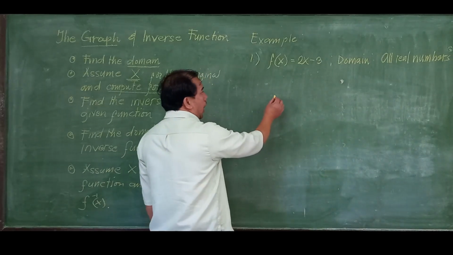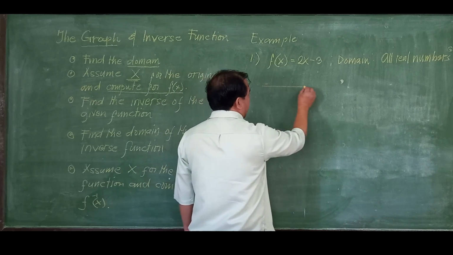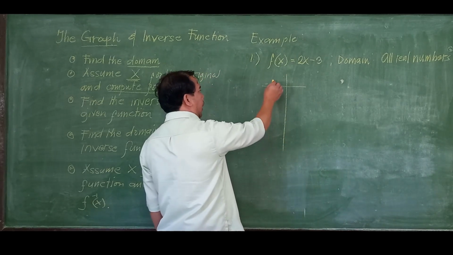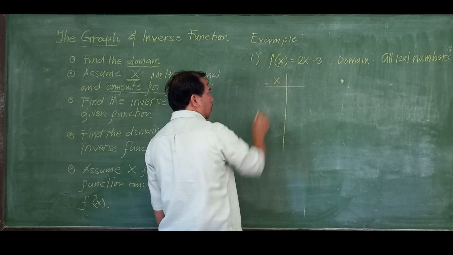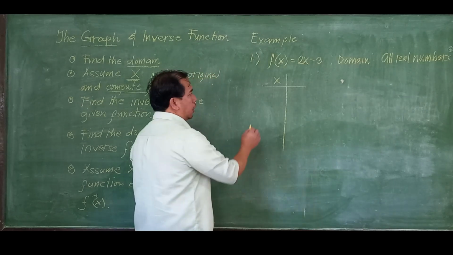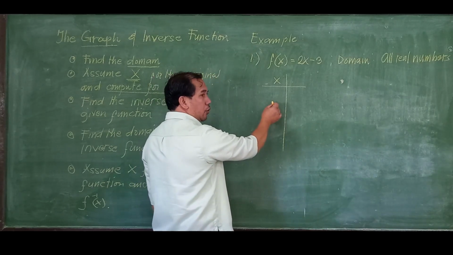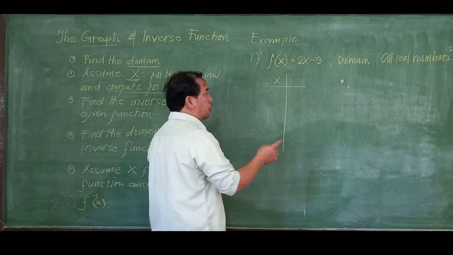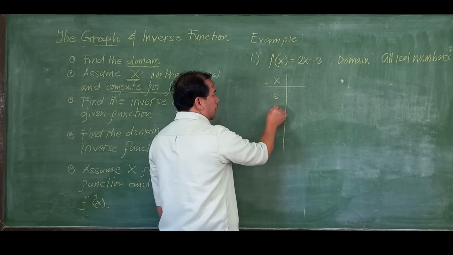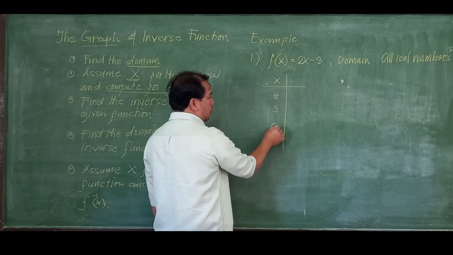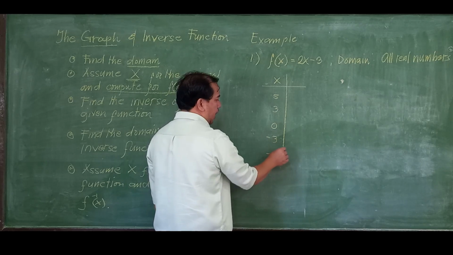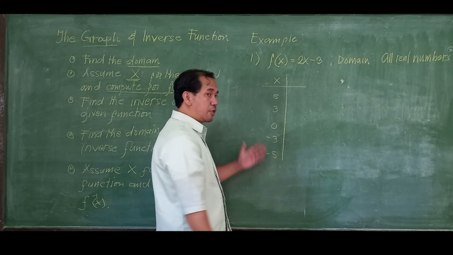Meaning to say, I will be putting my values of x, or I will be creating my own table. Okay? So my x in your function, meaning to say we will assume possible values, include negative. So shall we say we have in here 5, we have in here 3, we have 0, negative 3, and negative 5. Okay? Would this be possible?